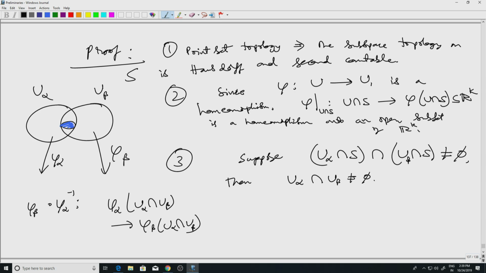And these are open subsets of R^n, so this is non-empty, and hence phi beta composed with phi alpha inverse is smooth.